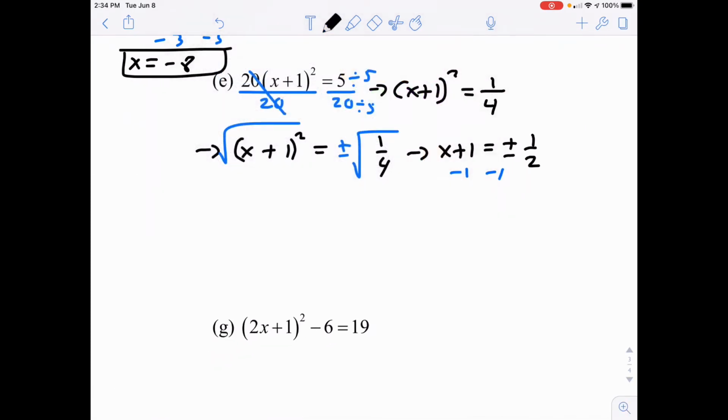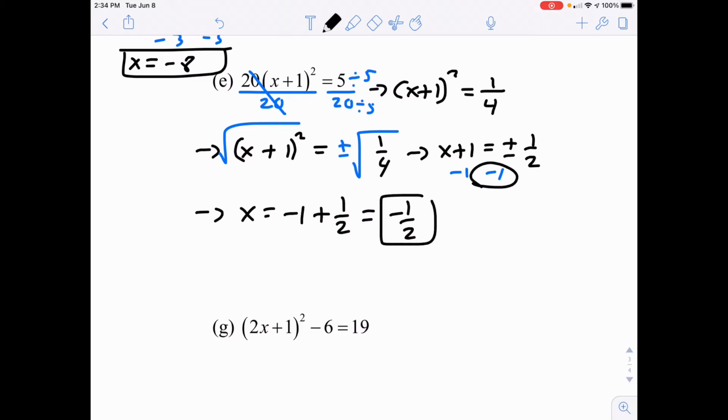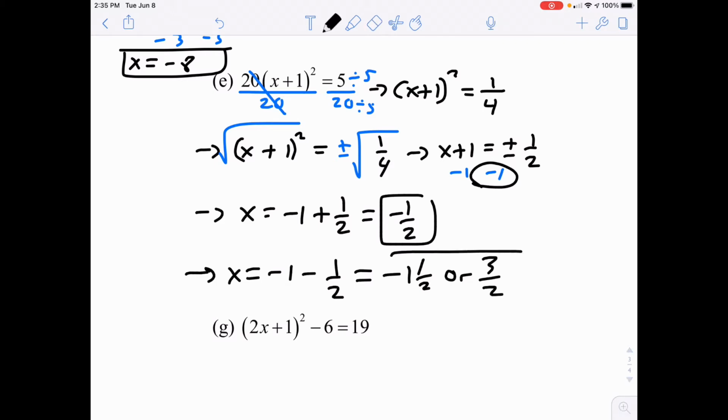So we get two possible answers here. x is equal to -1 plus 1/2, which would be -1/2, or -0.5 if you prefer a decimal. And x is equal to -1 minus 1/2, which would be -1 and 1/2, or -3/2. Both answers are fine. I typically write it as an improper fraction, but both answers are acceptable.